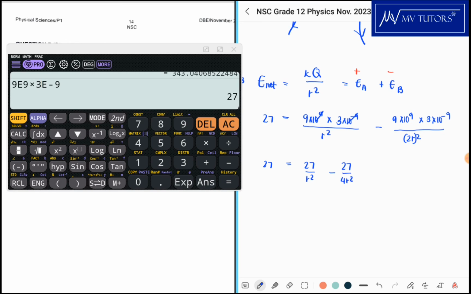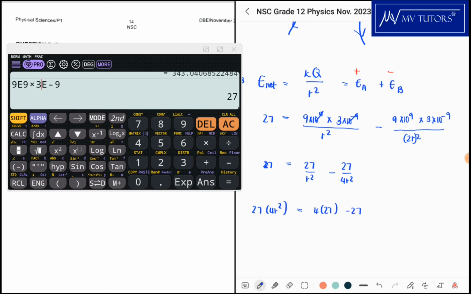Now I'm going to multiply throughout by 4R squared. Let's see what happens. I will have 27 times 4R squared, then 4 times 27, then minus 27.